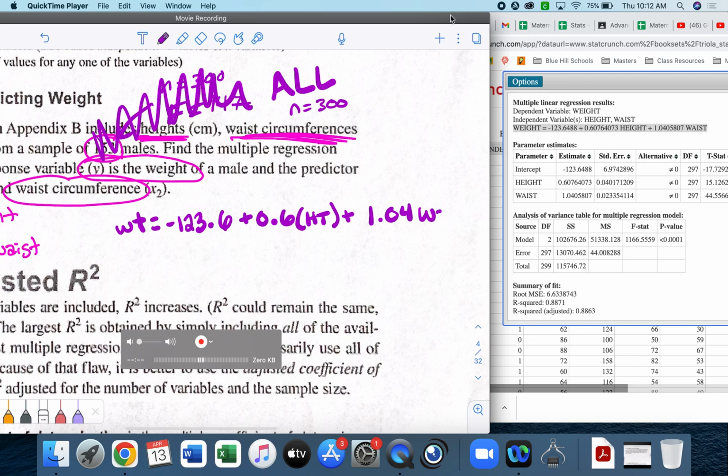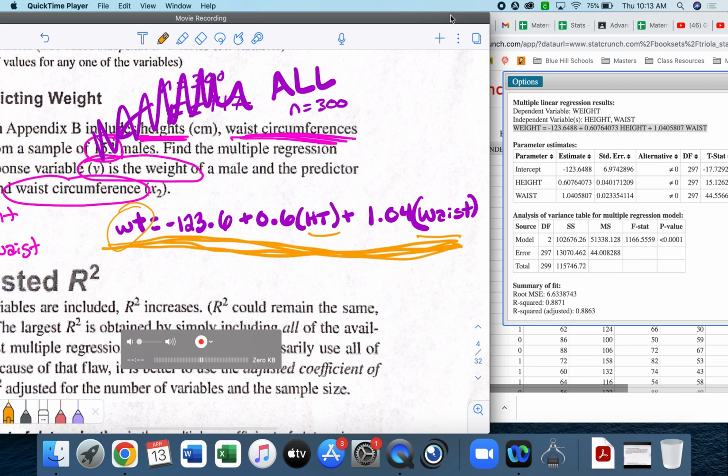So if you're trying to predict the weight and you know their height and their waist size, you can plug those in and solve for the weight. Now, they originally wanted just the male data. Do you think our male data formula is going to be exactly the same as this one? Probably not. Is it going to be similar? Probably-ish. So close to that equation, but probably not the same, because maybe males are built differently than females.